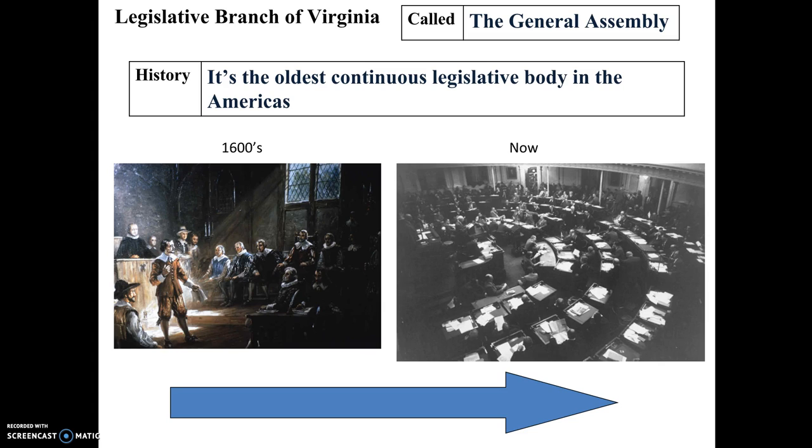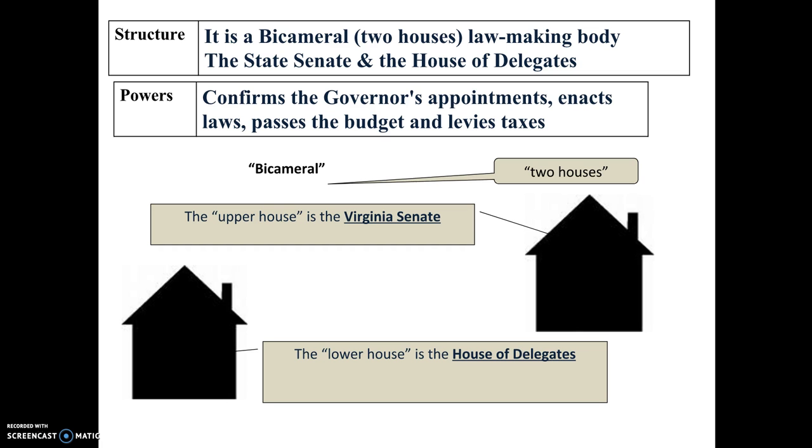It's not called the House of Burgesses anymore. It's referred to as the General Assembly. The General Assembly is broken down into 2 houses. So it's a bicameral legislature. And these 2 houses are the Virginia State Senate and the House of Delegates.